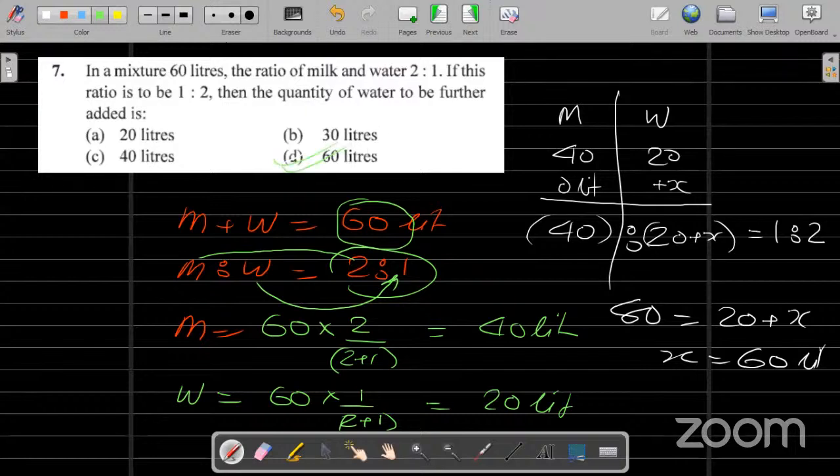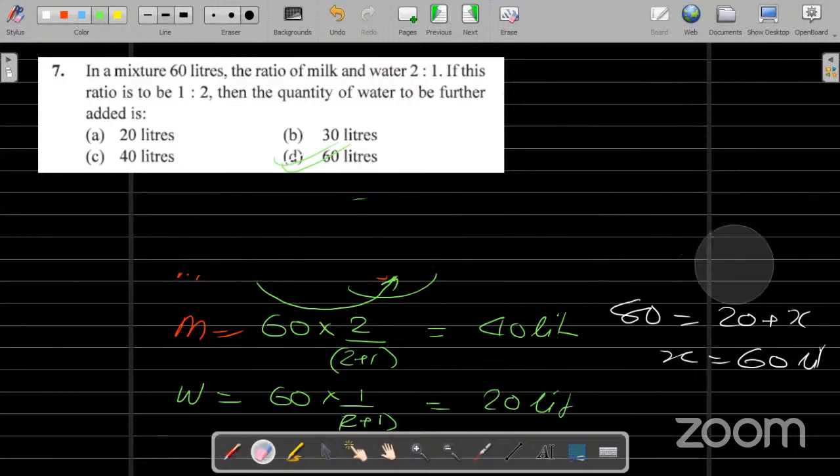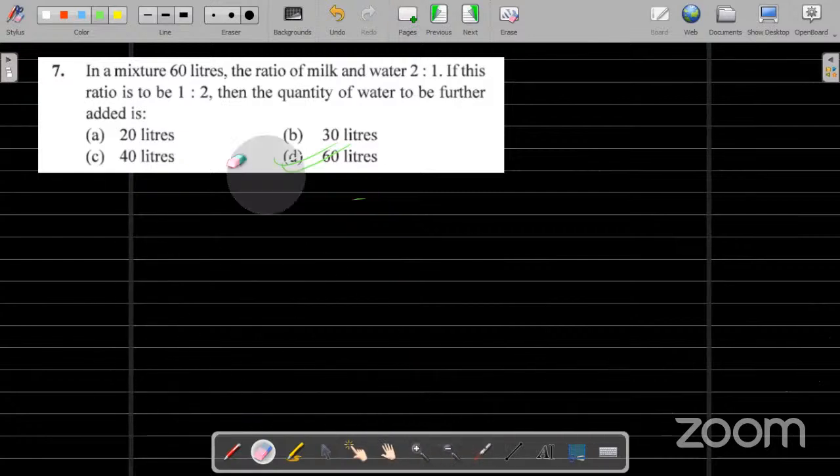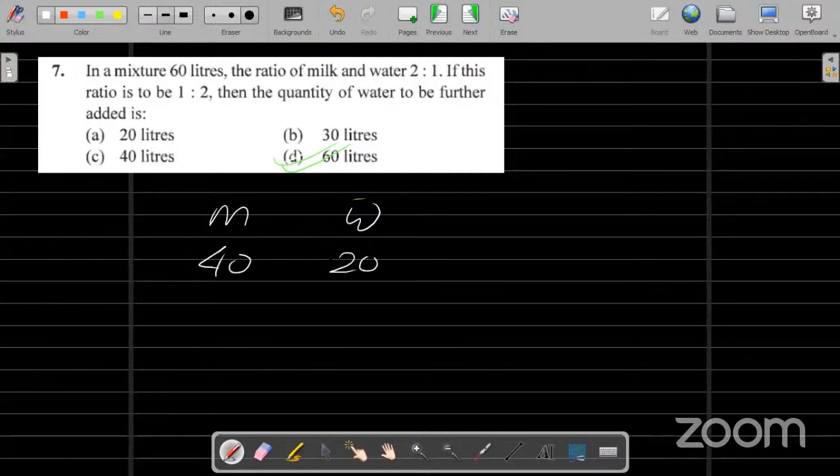Hope it is clear. And we can solve this question without writing anything. The ratio of milk and water is 2:1. So 2 parts is milk and 1 part is water. Total 3 parts is 60 liters. So milk is 40 and water is 20 liters. Then after adding some water, the ratio of milk and water is 1:2.